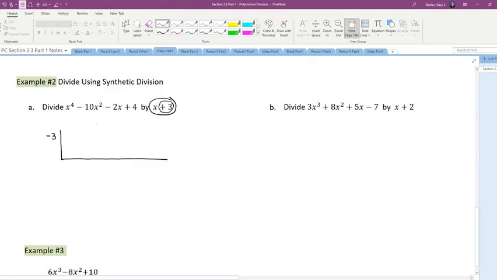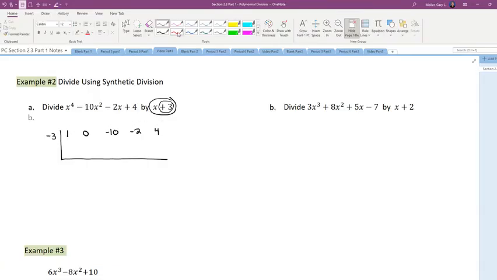So you'll notice on this one, we don't have a cubic term, and that's going to be your biggest mistake. So x to the fourth is going to be a 1, a 0, negative 10, negative 2, and our constant. So 4, 3, 2, 1, no x's. All right, we got them all.